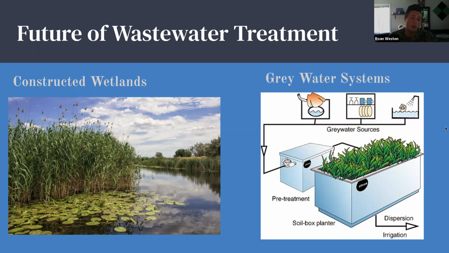What humans have done, not very commonly, but implemented in some areas, is the construction of wetlands to help mitigate the effects of water pollution or possibly clean our wastewater. This is a great way to utilize plants in an ecosystem service to absorb toxins in our wastewater, and we're also providing natural habitats for lots of different species.